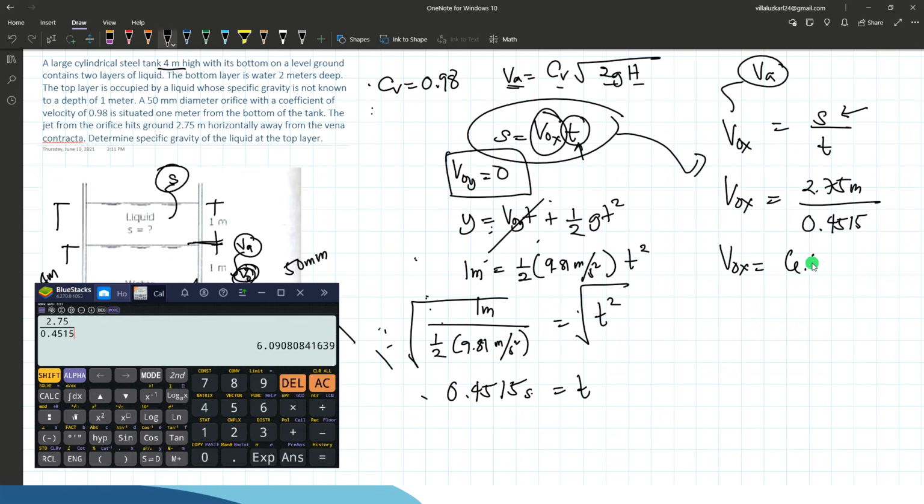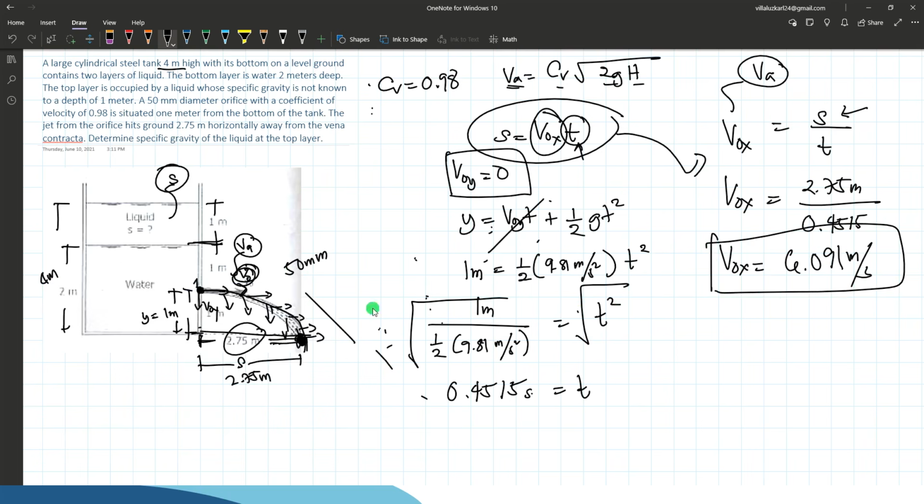That's 6.091 meters per second. This initial velocity along x is your actual velocity, since our opening is on the right side of the container, so the direction of the fluid will be tangent to this surface. It is along the horizontal.